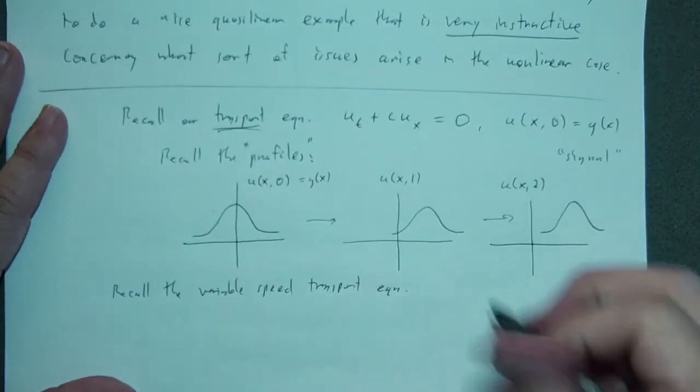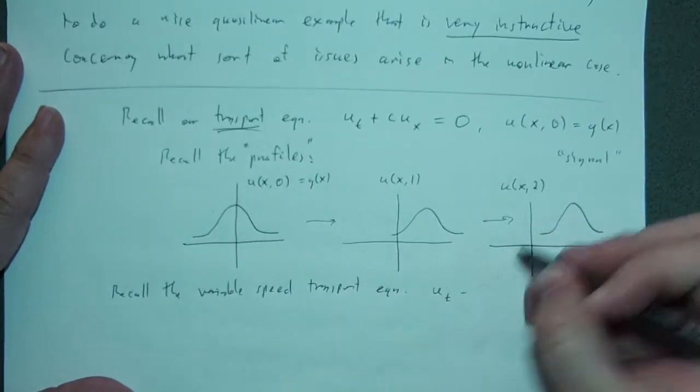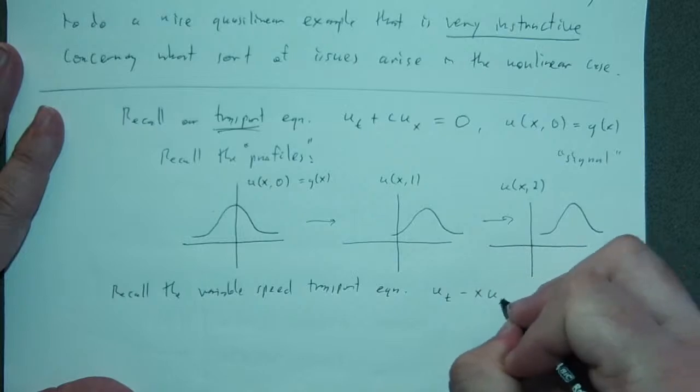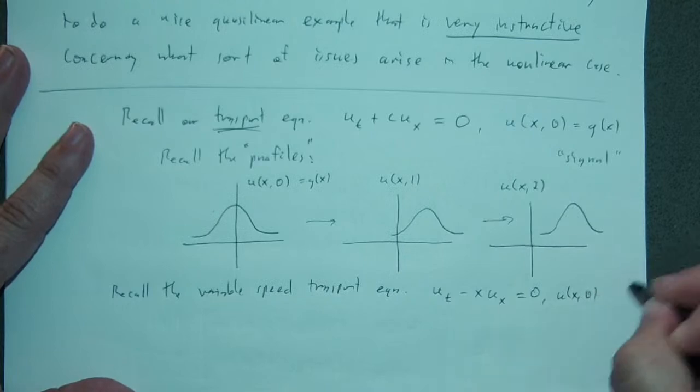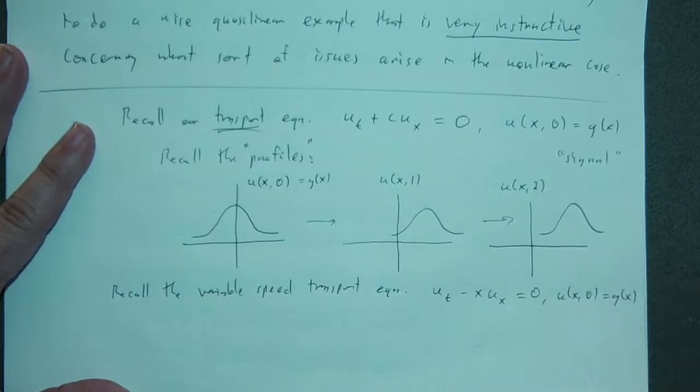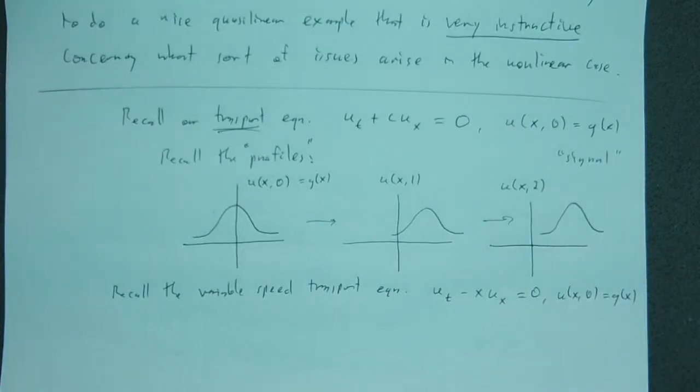What was the variable speed transport equation that we considered? u sub t minus x u sub x is equal to 0, and u of x, 0 is equal to g of x. We just did this yesterday, in the last lecture.